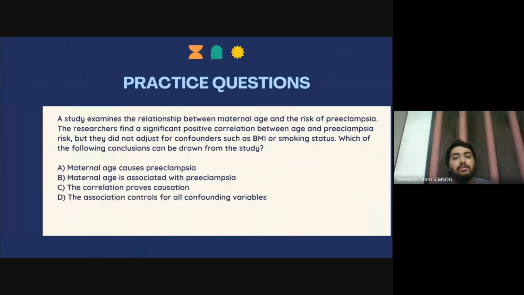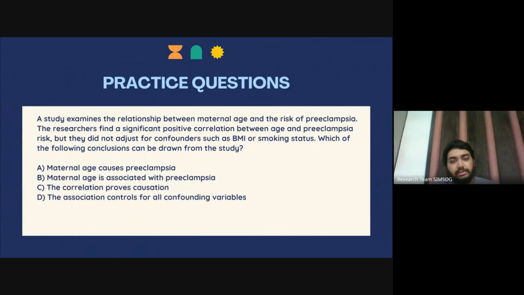Okay, now the next question. The study examines the relationship between maternal age and risk of preeclampsia. The researchers find a significant positive correlation between age and preeclampsia risk, but they did not adjust for confounders such as BMI or smoking status. Which of the following conclusions can be drawn from the study?